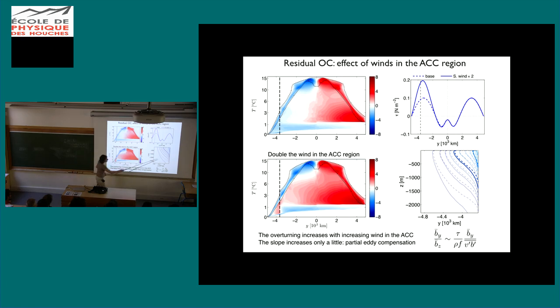The stratification here, notice that it is not... remember our formula for the slope? Probably not, but with Gent-McWilliams, we calculated the slope, and that was proportional to the wind divided by the eddy diffusivity. So you'd think if you double the wind, the slope should double. It doesn't quite do that when you really resolve eddies, because that eddy diffusivity obviously depends on the mean state.